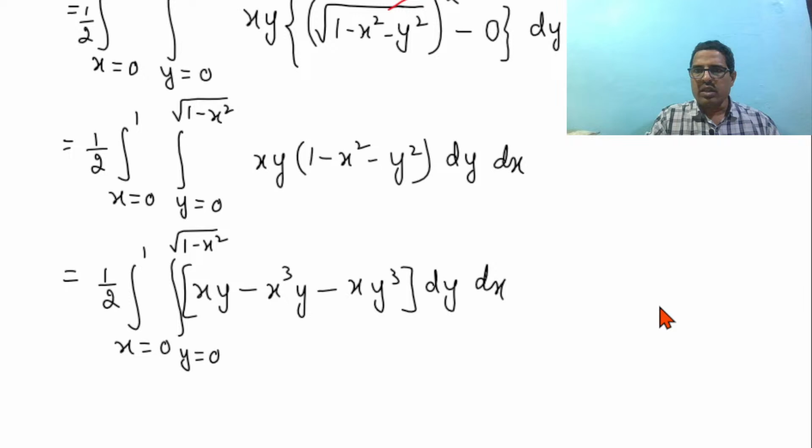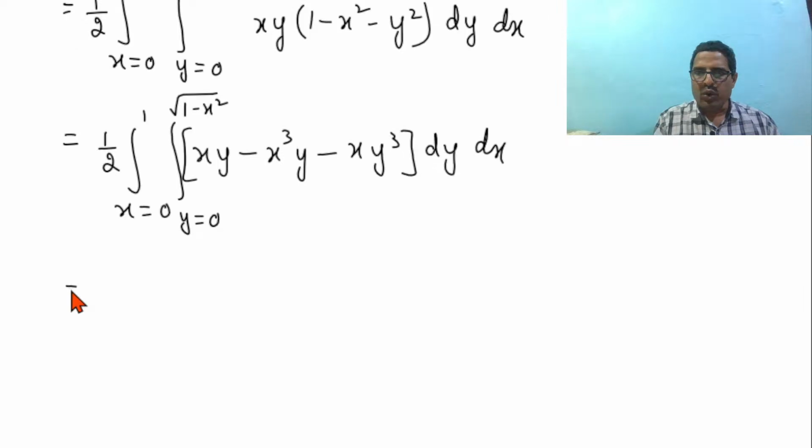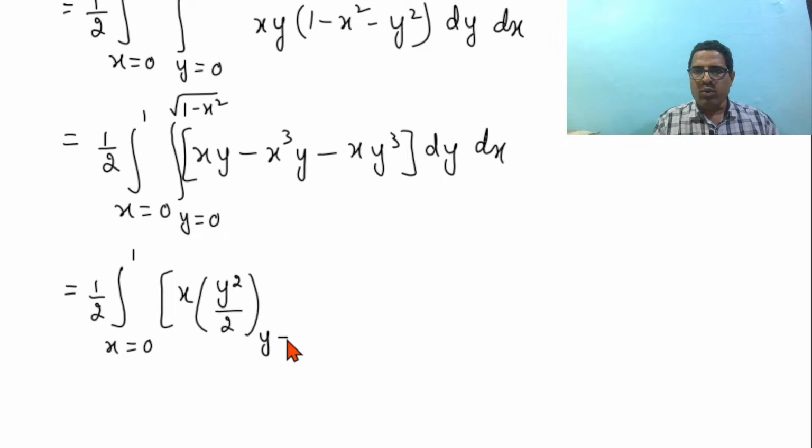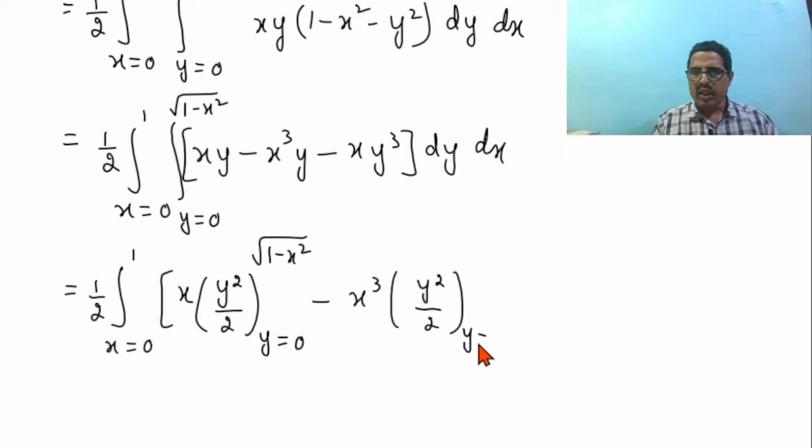Now we need to integrate with respect to y. So this is 1 by 2 as it is. You have the integral x equals 0 to 1. Let us integrate with respect to y. When you are integrating with respect to y, x remains as it is. Integration of y will become y square by 2, with limit values y equals 0 to root of 1 minus x square, minus x cube, then the integration of y will again be y square by 2, with limit values y equals 0 to root of 1 minus x square.